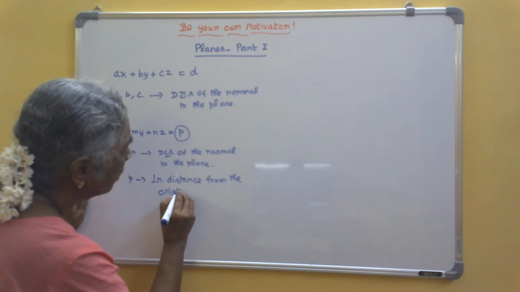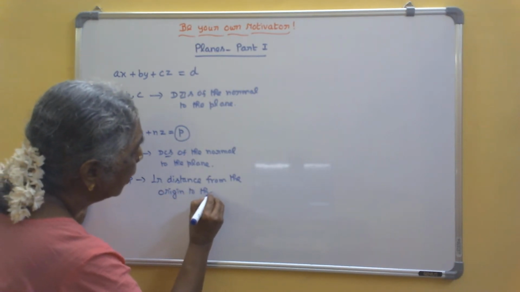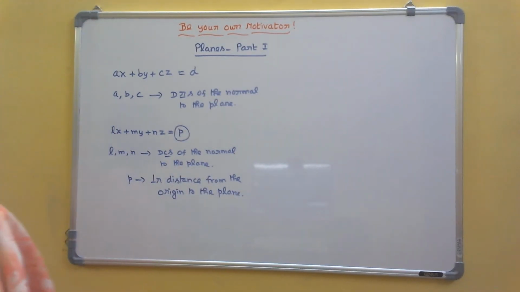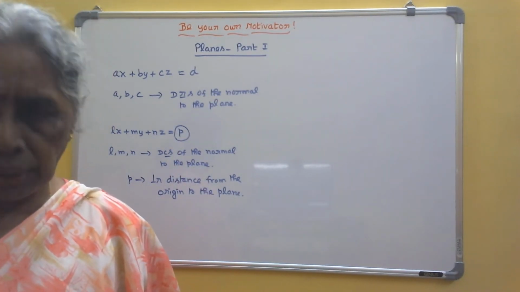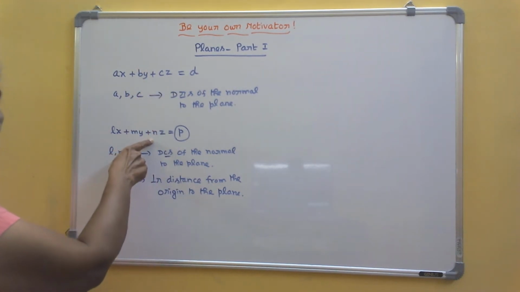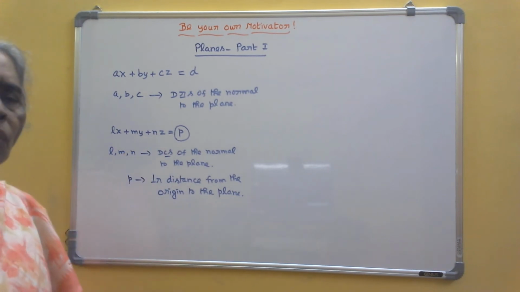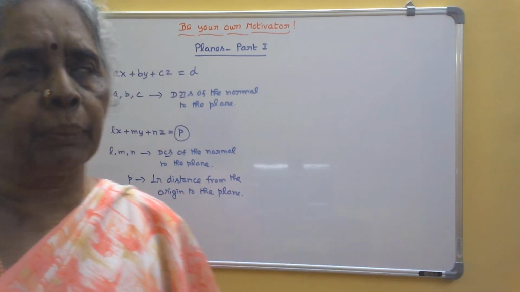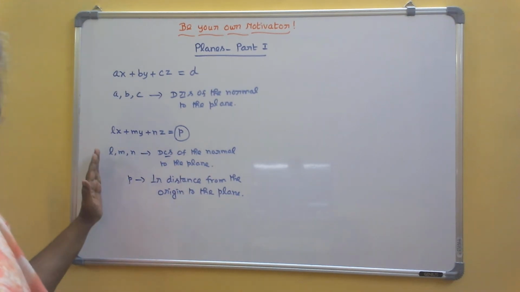Okay? So, if you want to find the perpendicular distance from the origin, if it is given in this format, you have to convert it like this. You know from the drs how to find the dcs. Anyway, I will give you an example sum. So, are you clear with these two?